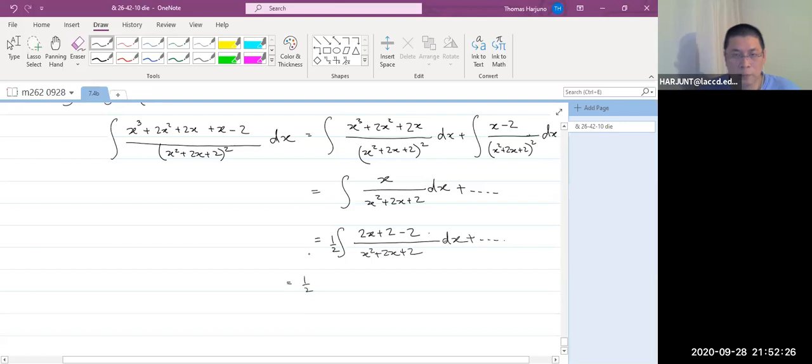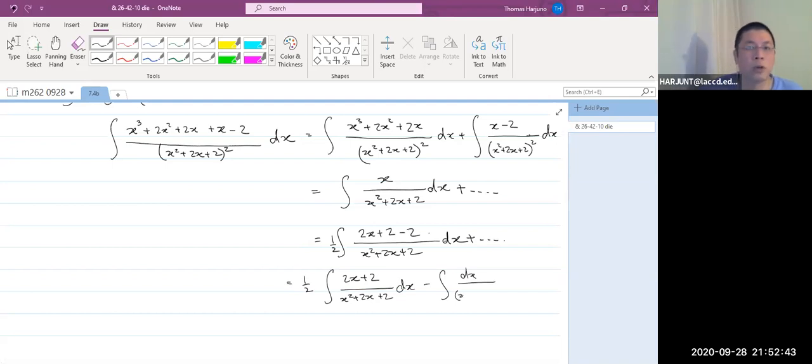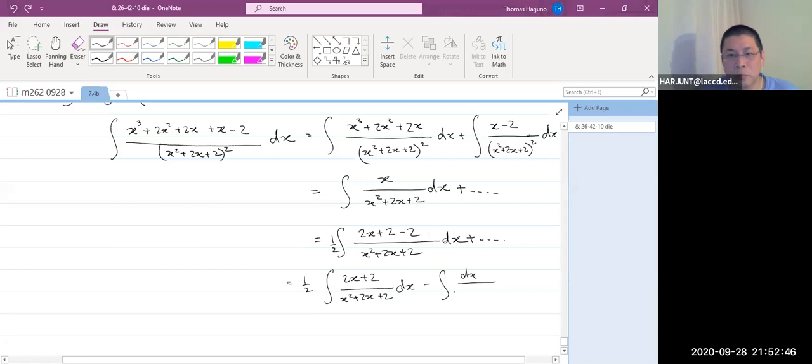That's 1/2 the integral of 2x plus 2 over x squared plus 2x plus 2 dx, and then minus the integral of dx over x squared plus 2x plus 2. Don't forget the last part there, that's the integral of x minus 2 over (x squared plus 2x plus 2) squared dx.